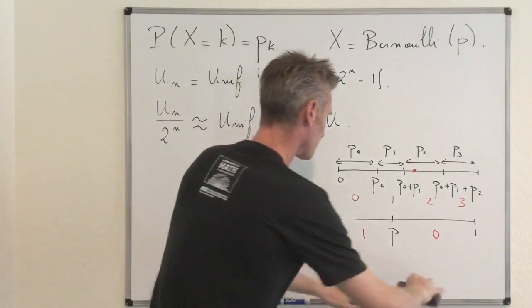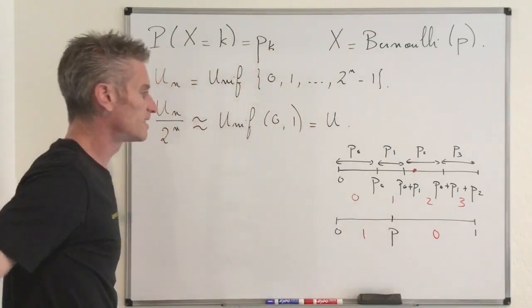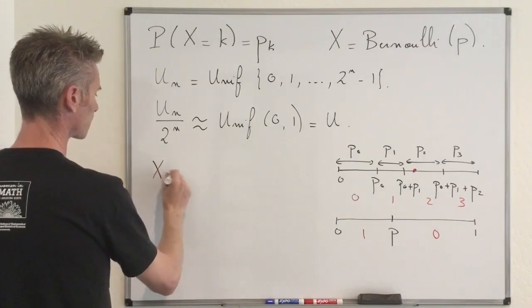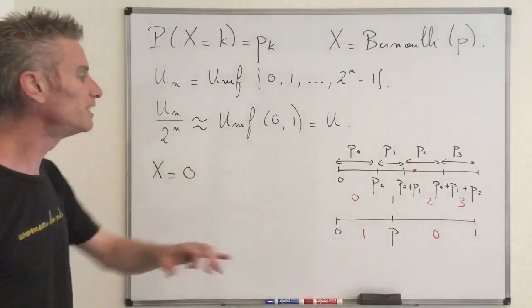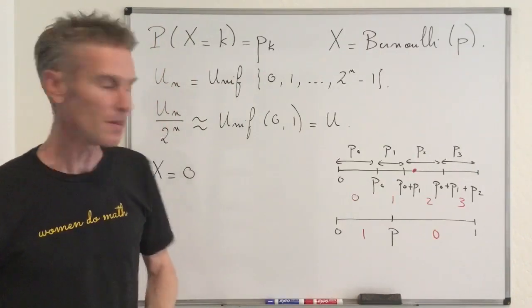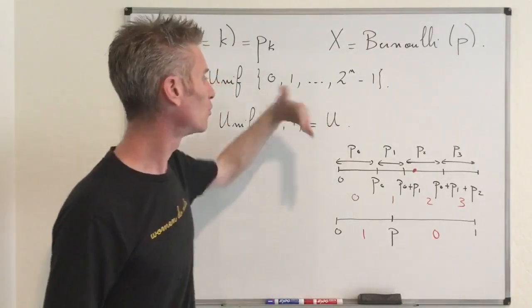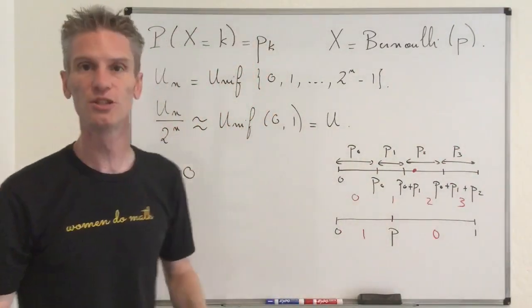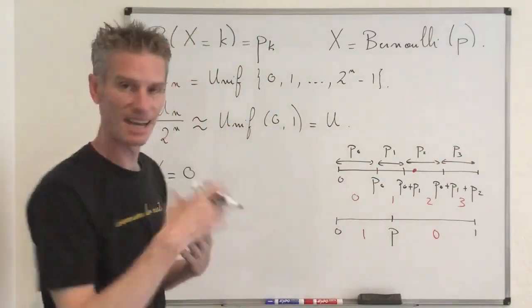You can again start from, let's say, x equals 0. And then you only test whether u is less than or equal to p. Now, instead of looking at whether u is larger than each of those ones or larger than p, at the opposite, you look at whether u is less than p.